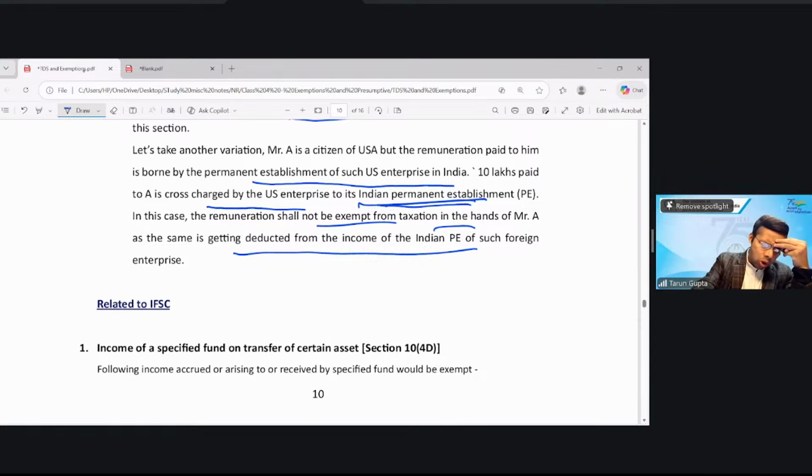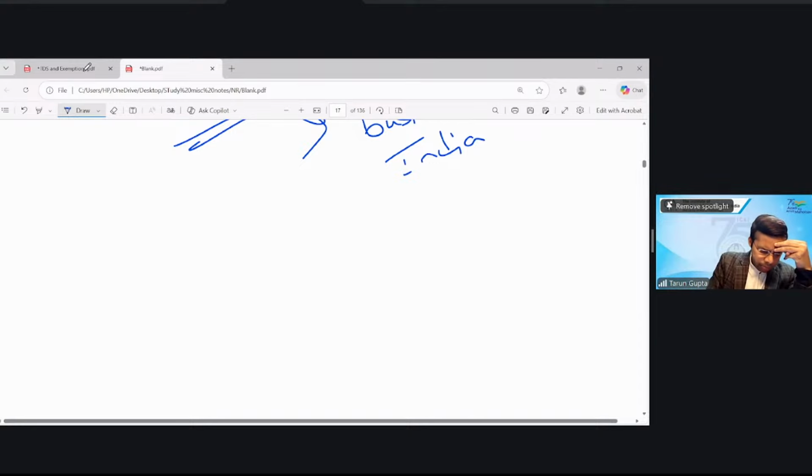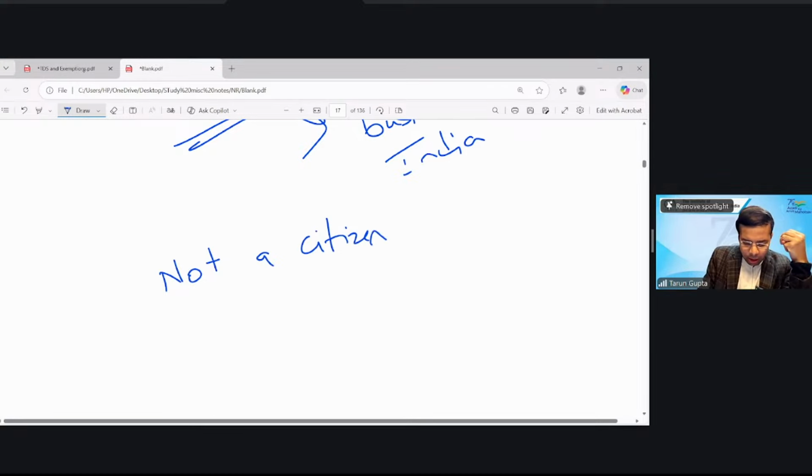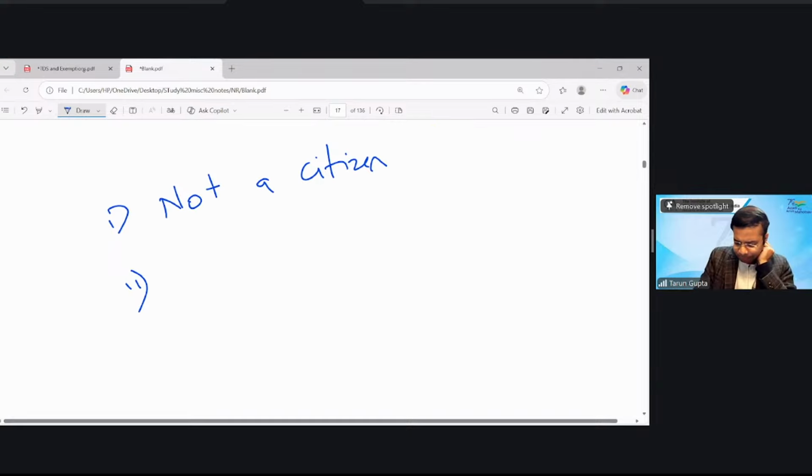First, of course, the common one is you should not be a citizen. This is the common condition. Then the other three conditions are: the foreign enterprise of which you are an employee should not be doing any business in India.